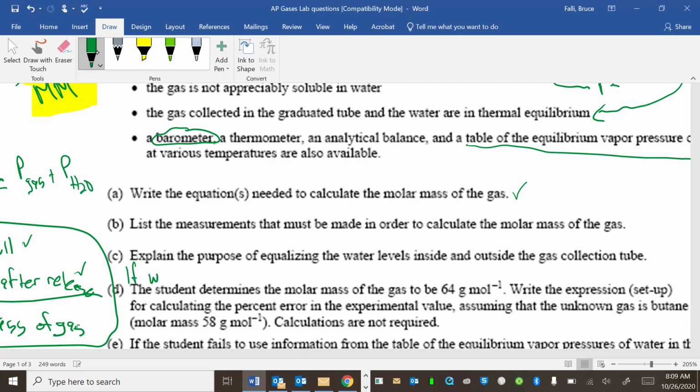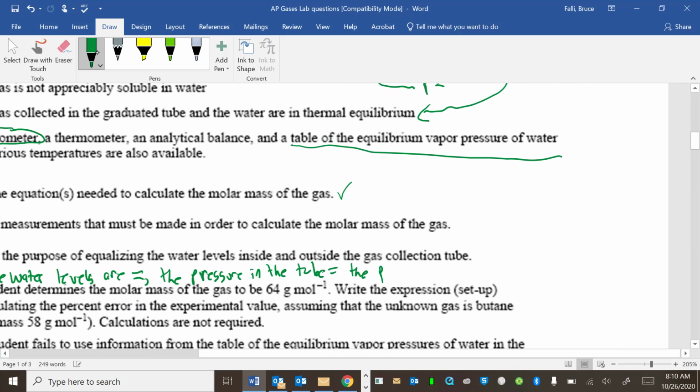If the water levels are equal, the pressure in the tube equals the pressure outside of the tube.